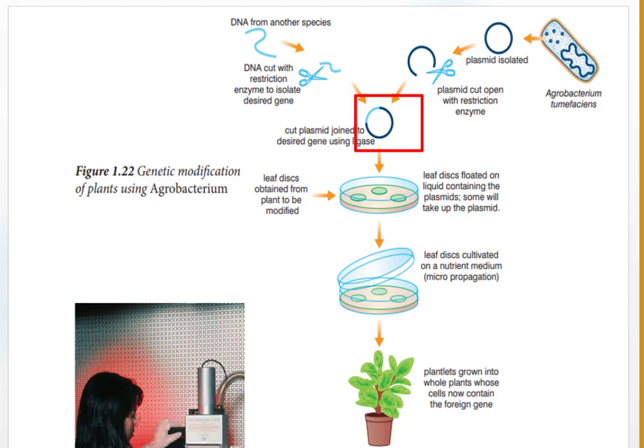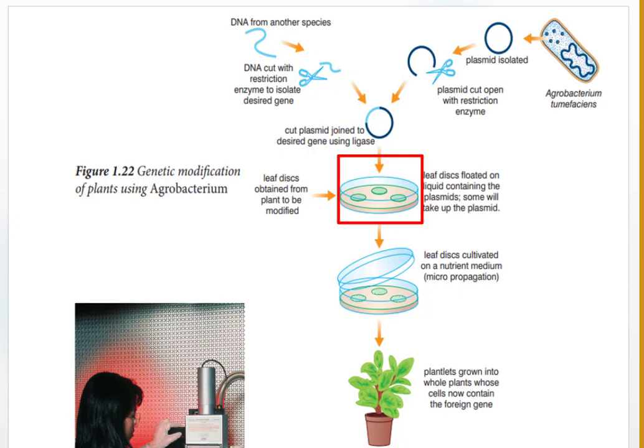Then, we have to incubate this recombinant plasmid with leaf discs on a Petri dish for a certain period of time. Leaf discs are floated on the liquid containing the plasmids. Some will take up the plasmids. Then leaf discs should be cultivated on a nutrient medium, what we call micropropagation.